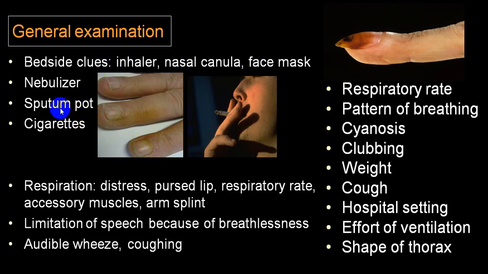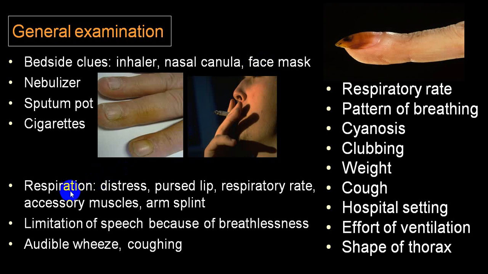And if in a sputum pot you get sputum, you can look at the sputum part and identify a good number of conditions. And if the person is using a nebulizer or an inhaler or is having a nasal cannula or is taking oxygen by facial mask, these are signs of respiratory distress, or the person is hypoxic, the person is breathless.